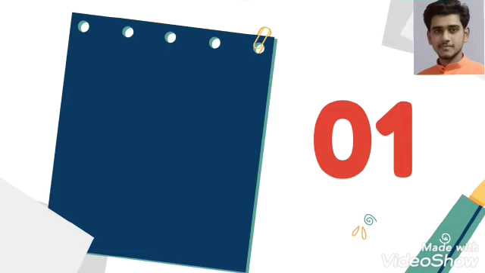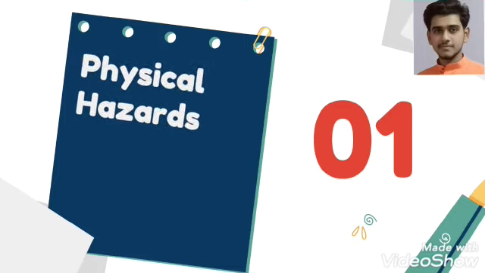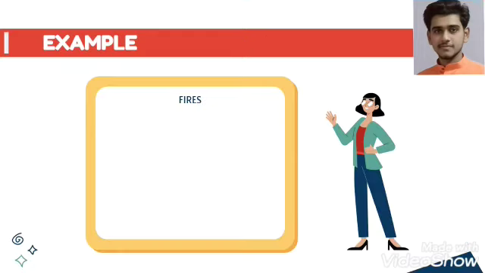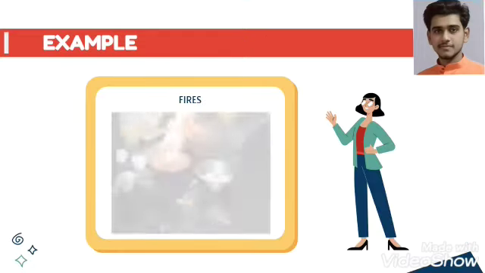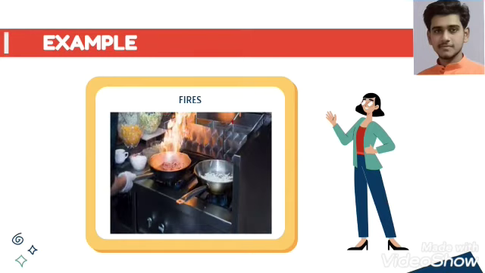Now, let's get into an example of each. First is physical hazard. An example for this is fires. Every workplace is at risk of fire. However, some workplaces are at increased risk, either due to work activities or types of employees or residents.